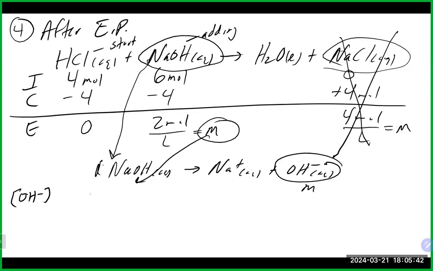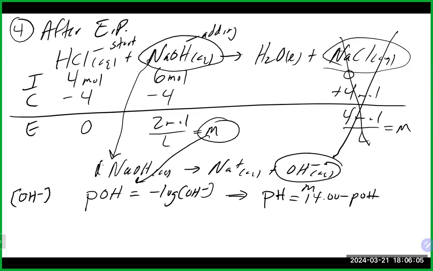If I have OH minus, do I get the pH from that? I've got to first get what? Yeah, the pOH first. So you've got to remember that is the hydroxide here, not the H plus. So you've got to get the pOH, and then you could get yourself to the pH by subtracting from 14, which would probably be the easiest move there, 14 minus the pOH.